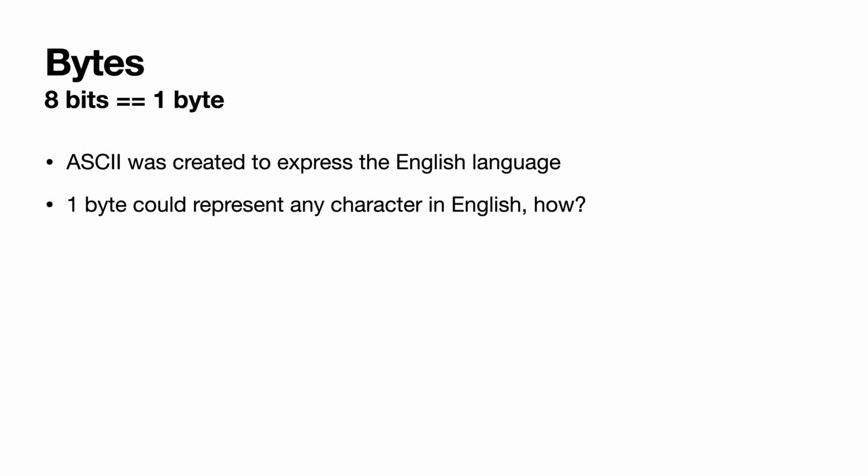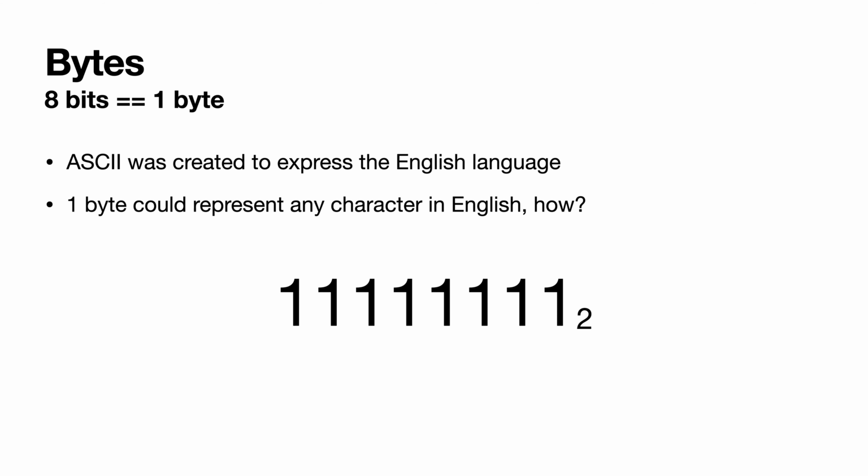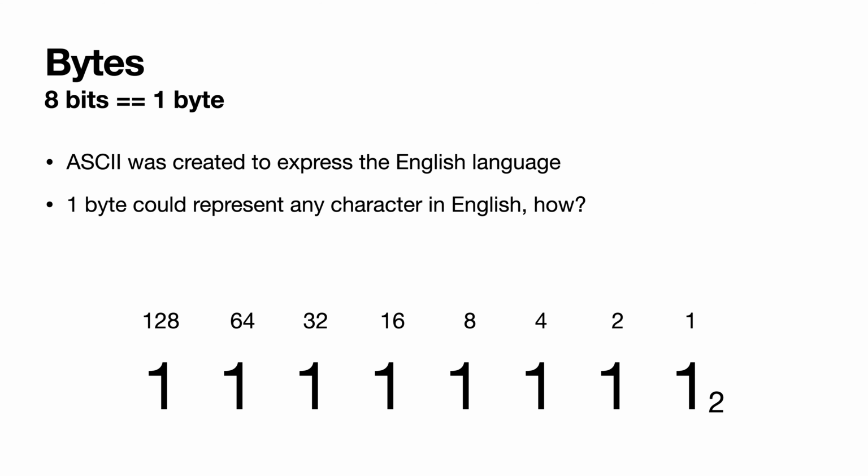So we discovered that if we used 8 bits, we could then get to that number, which is 255. So how do we do that? Well, if every single bit is turned on in 8 bits, what's going to happen is that we have a base 10 value of 255.